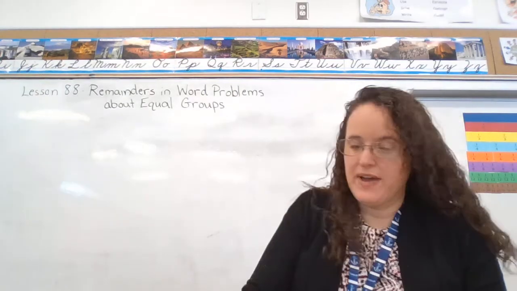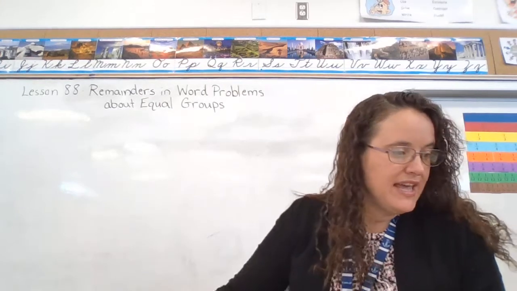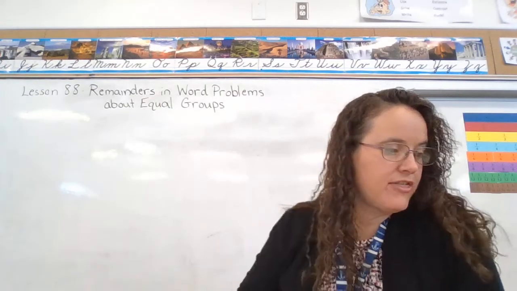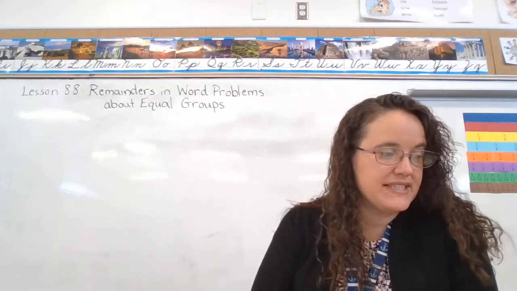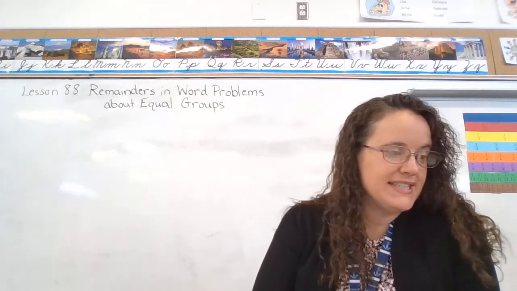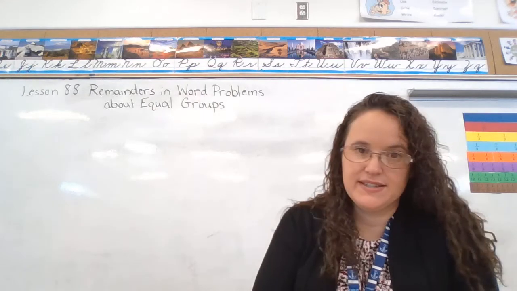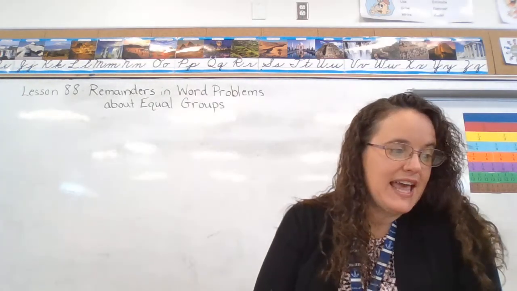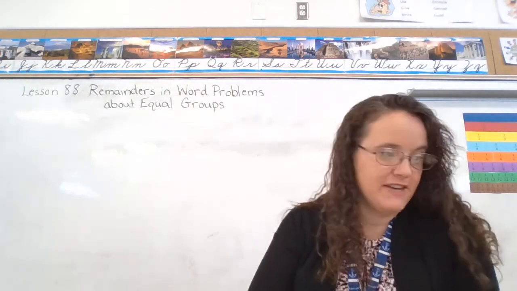Okay, so I have another one for you. It says, tomorrow, 32 students are attending an awards ceremony. Each table will seat 5 students. Part A says, how many tables can be filled?